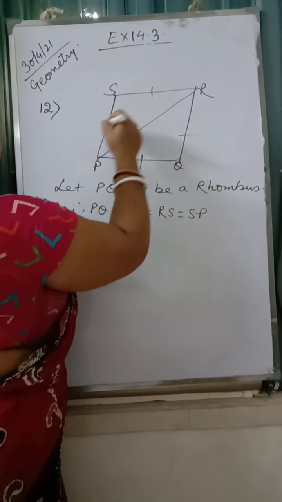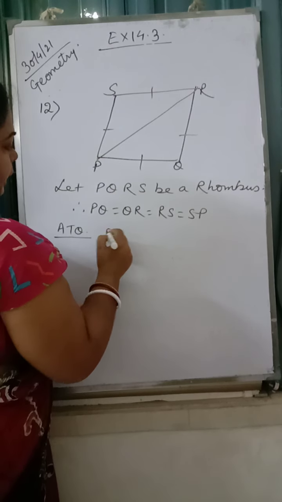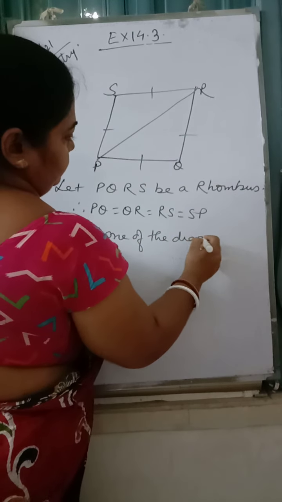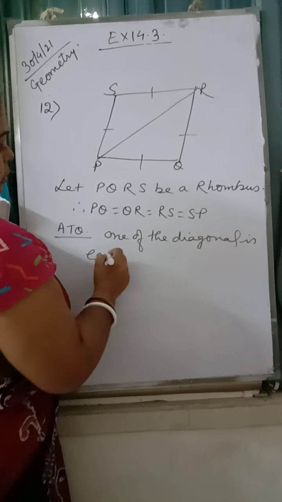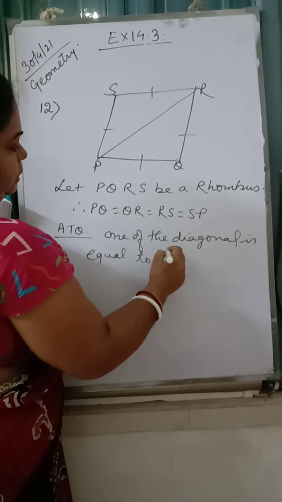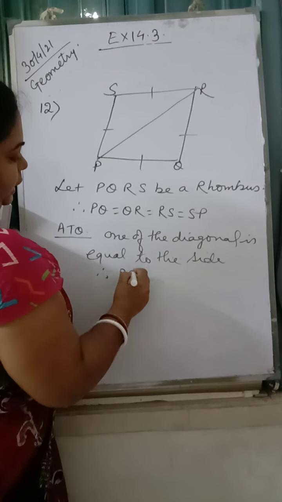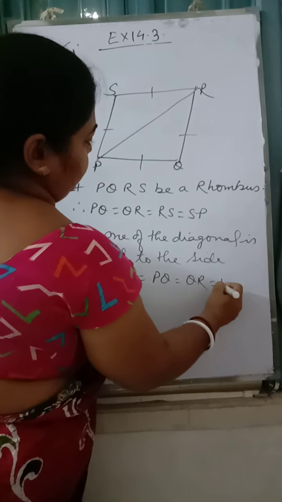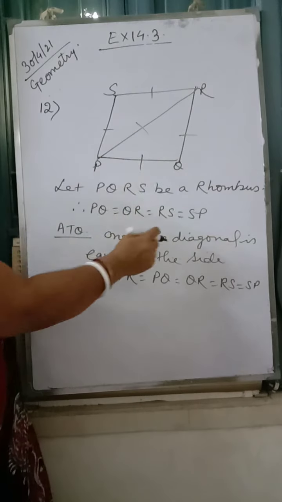According to the question, PR, one of the diagonals, is equal to the side. So therefore, we can write PR is equal to PQ is equal to QR is equal to RS is equal to SP.